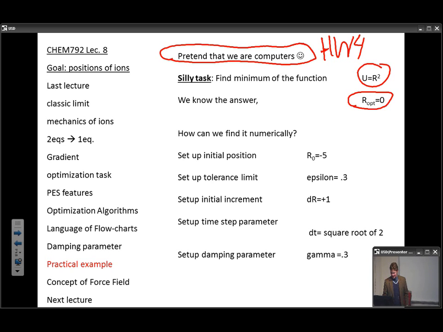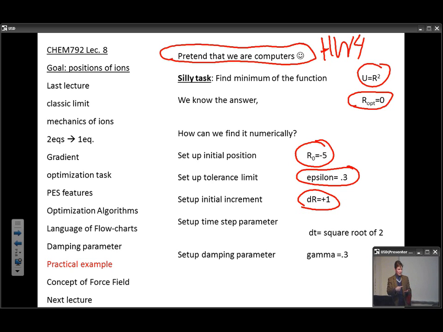So, following everything that was before, we set up the initial position arbitrarily. Here, let's take -5. For homework, it will be maybe +5 or something else. Then we set up some tolerance limit, the amount of error that we permit our procedure to exhibit. So if our energy is minimal with precision up to 0.3, we say, okay, stop, we are happy. And then we need some initial increment.